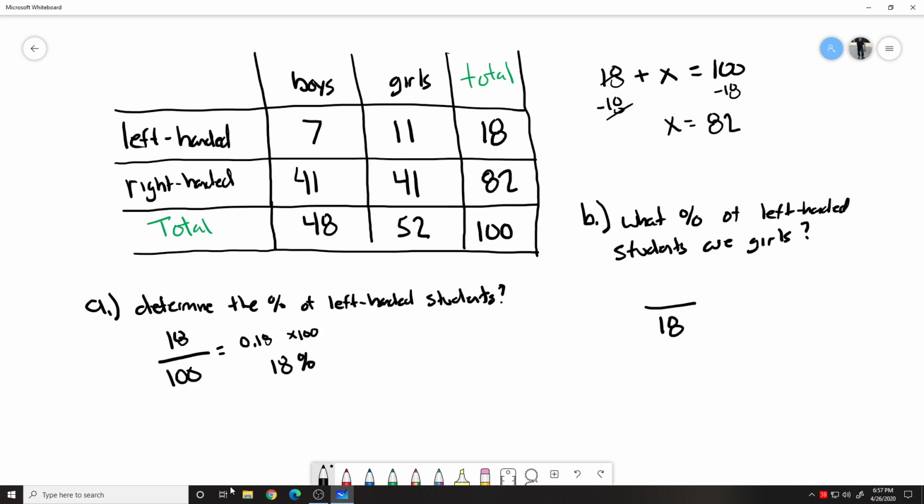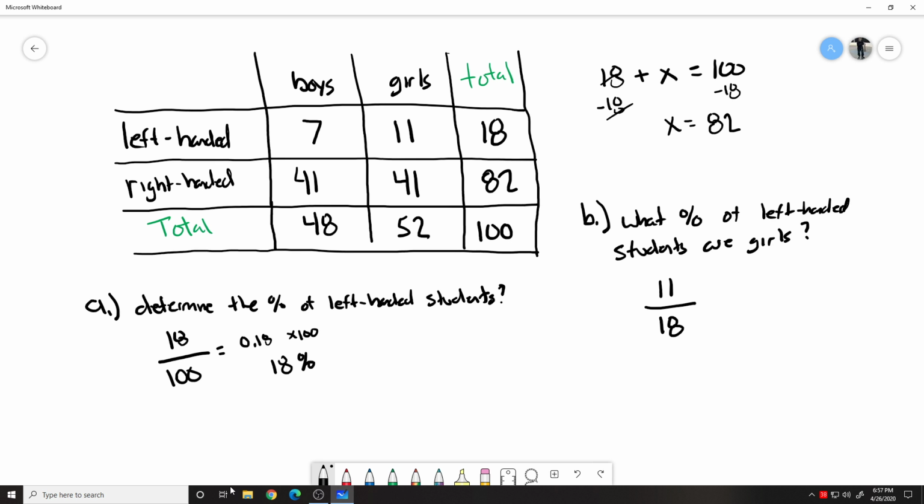Out of these 18 left-handed students, what percent of them are girls? So we're talking about only the 18 left-handed people. Well, there's 11 left-handed girls. 11 of the 18 are girls.